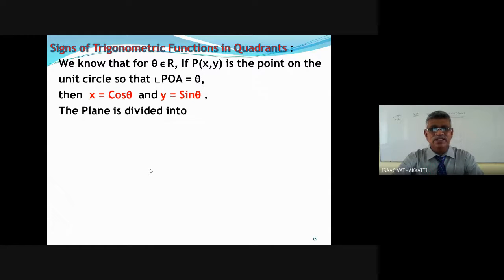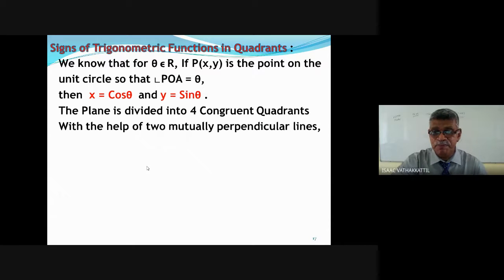And the whole plane is divided into four congruent quadrants. Quadrant means one-fourth, made with the help of two mutually perpendicular lines. By default we take one of them horizontal, the other one vertical. The horizontal one we call x-axis, the vertical one we call y-axis.